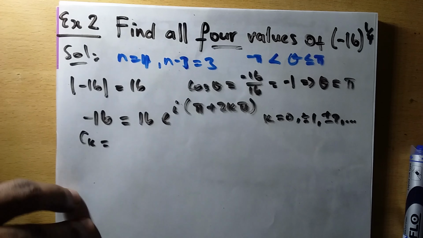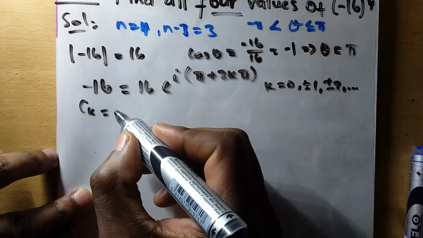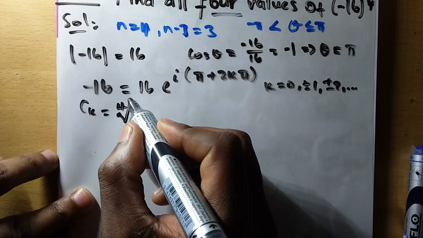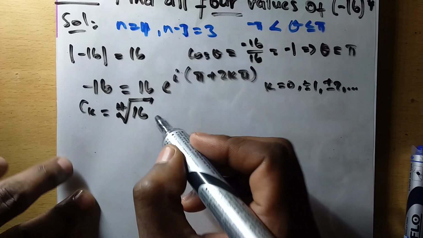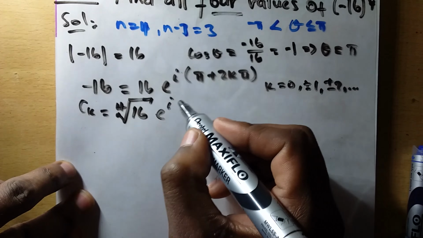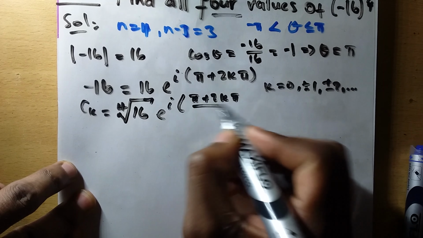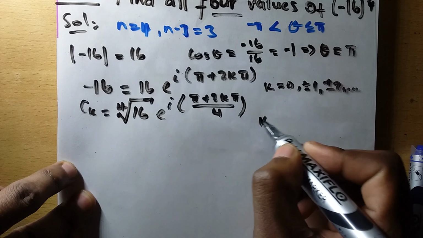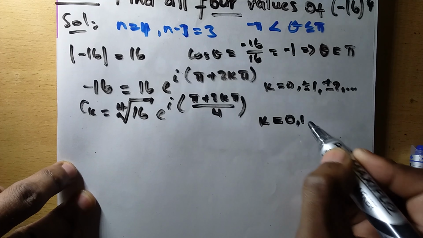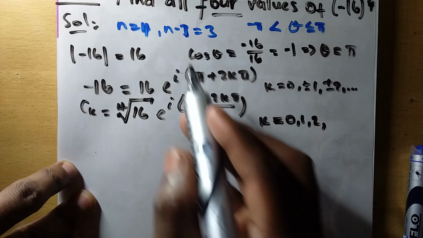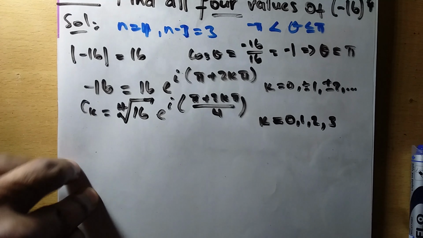c_k will be equal to, now we're going to find the fourth root of 16, and we have e to the i, and everything that we see here, 2k pi, will be divided by 4, where our k now will be equal to 0, 1, 2, and our n minus 1 is equal to 3.